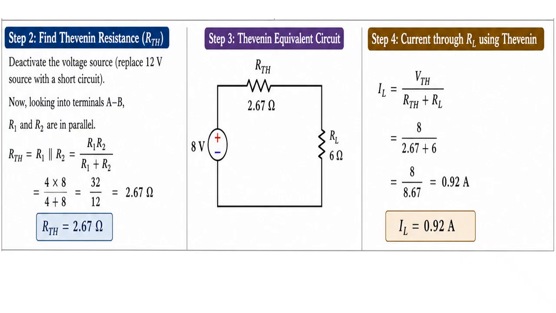After drawing it, the final step is to calculate the current through RL with the help of the load current formula, IL is equal to VTH by RTH plus RL. By substituting the values of VTH, RTH and RL in the load current formula directly, we get the load current IL equal to 0.92 ampere.